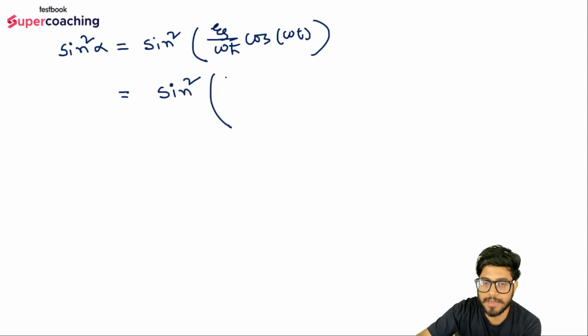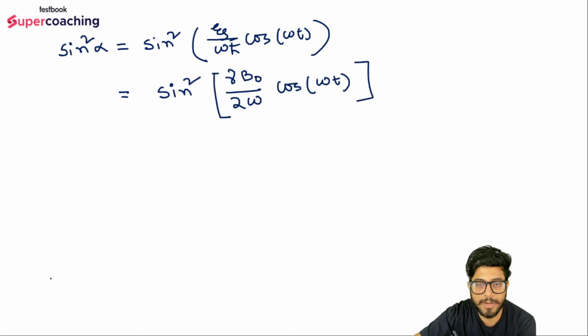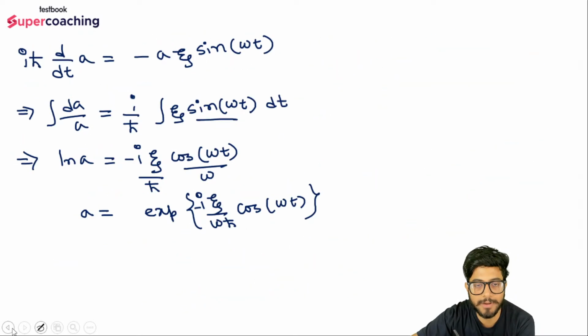Zeta I have taken as gamma b naught h cut by 2, and there is omega h cut, so here it cancels. It's gamma b naught by 2 omega into cos omega t. So that is what my probability is: sin square gamma b naught by 2 omega cos omega t.